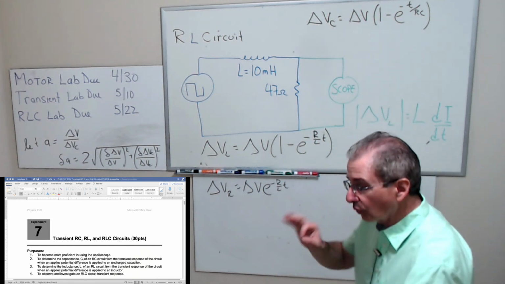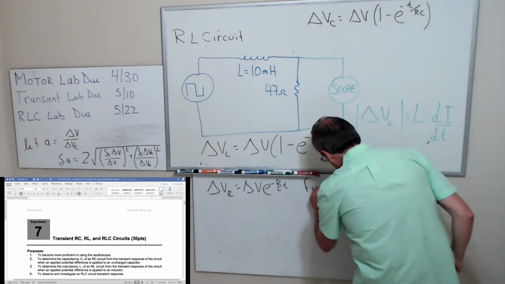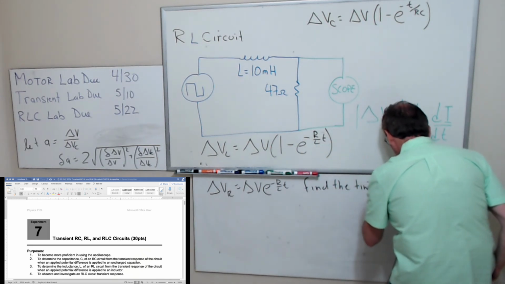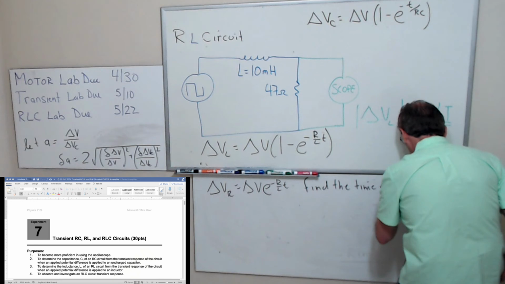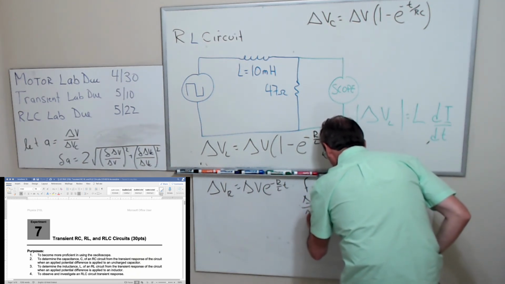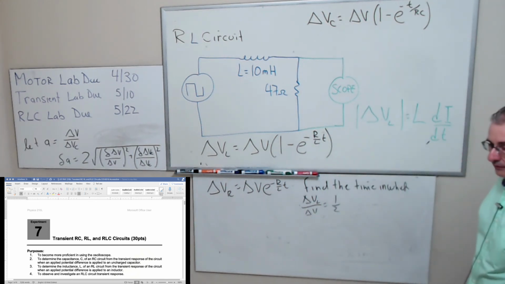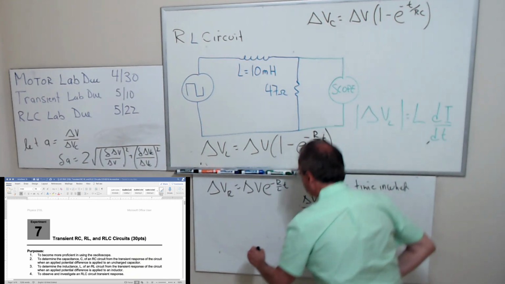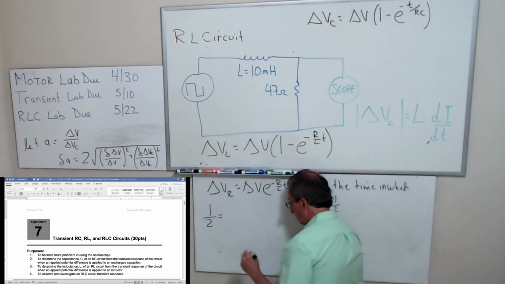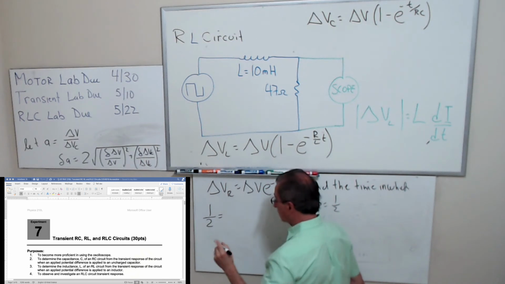And again, what we're going to do in this part is find the time in which delta V_L over delta V is 1/2. So let's do that here. And follow these derivations because you're going to be deriving this in your lab.